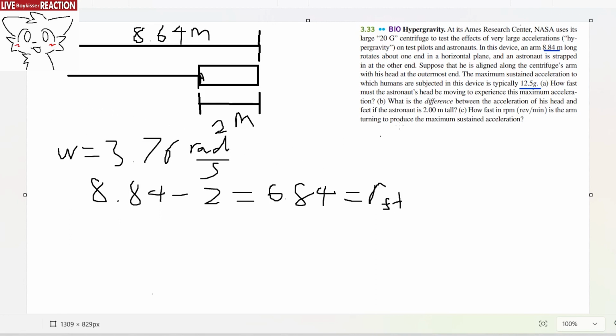And like we calculated in the previous problem, omega equals 3.76, and the acceleration, like we derived, is omega squared r.